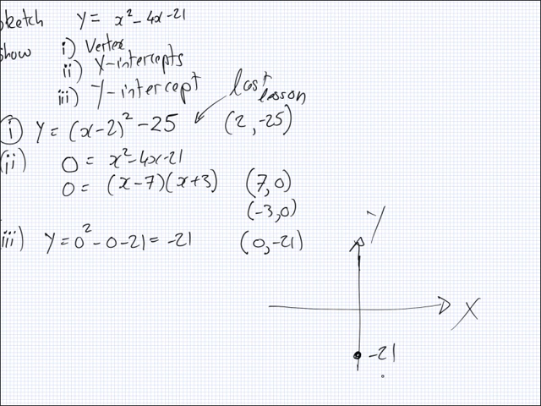Minus 21. Where does it cross the x-axis? At 7 and minus 3. And where's the vertex? At 2, minus 25, which would be down here.